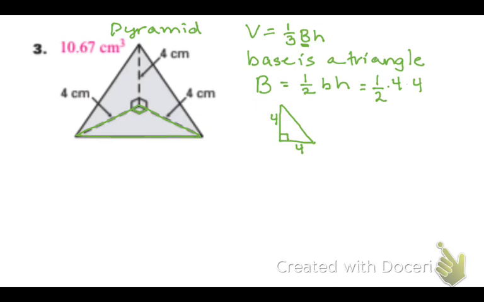And 1/2 of 16 is equal to 8. So my B is equal to 8. Now, what's my height? My height is going to be perpendicular to the base, up to the tippy top, and that's labeled as 4 centimeters.